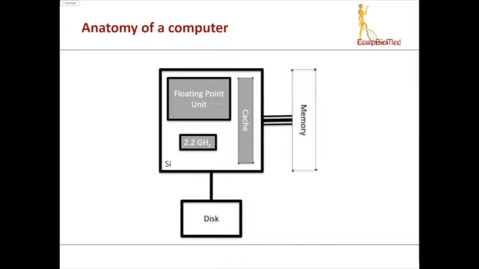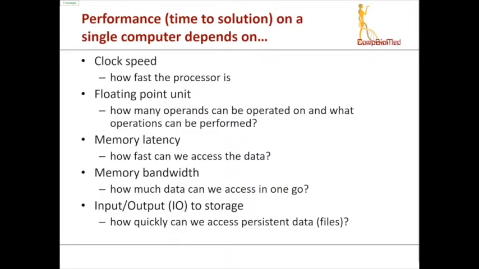Now the performance of this, well, it's a serial computer, with one processing unit. What we call performance is actually the time to solution. So our aim here is to do things as quickly as possible.